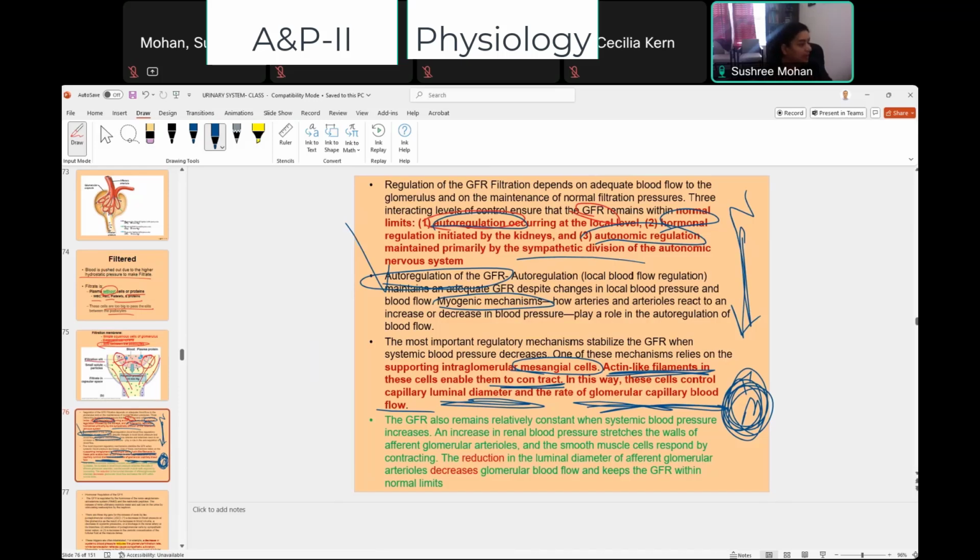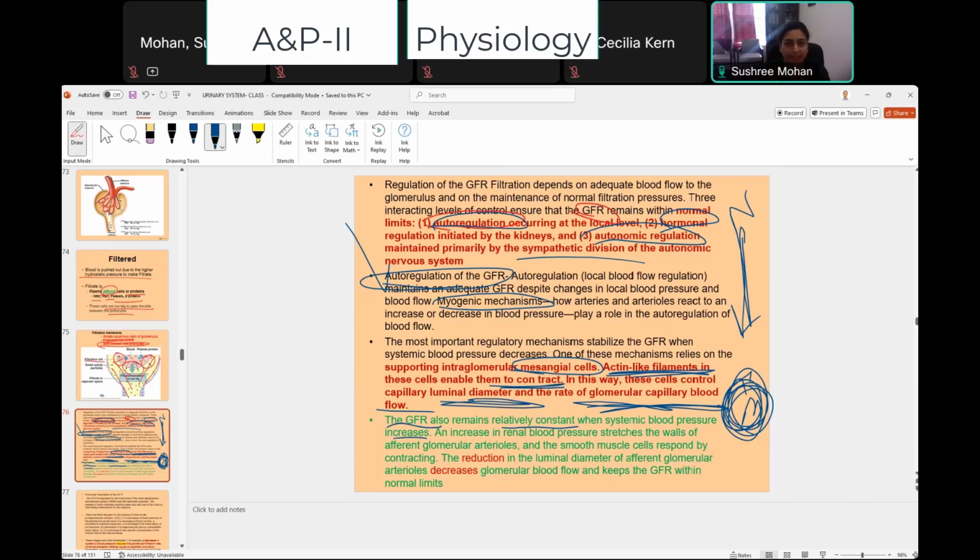So that is how, because of these adjustments, the GFR remains relatively constant when systemic blood pressure changes. Even if your body is undergoing hypertension or hypotension, your blood pressure is increasing or decreasing, in spite of that, the kidneys have their own mechanism of autoregulation, of controlling their cells' diameter, so that they don't change because your blood pressure is fluctuating.